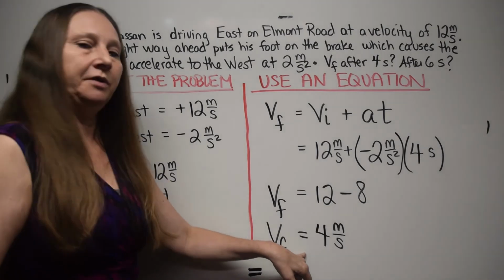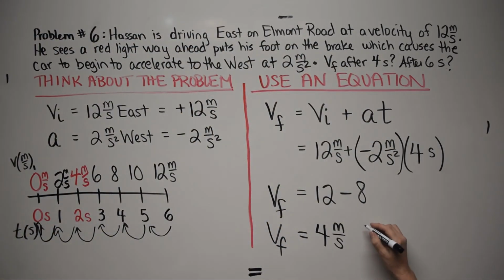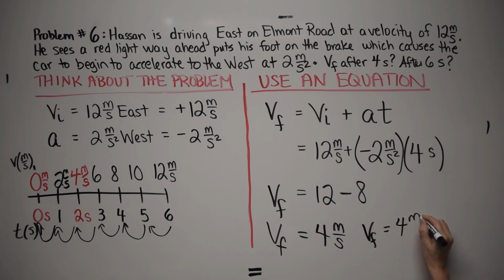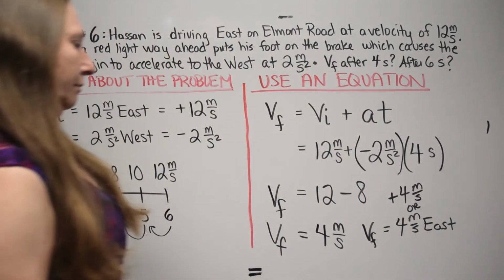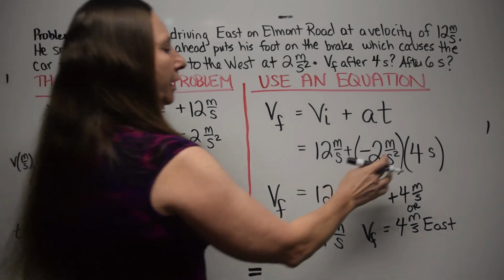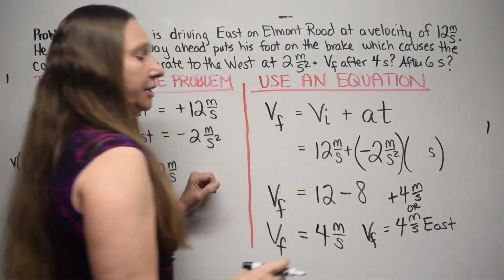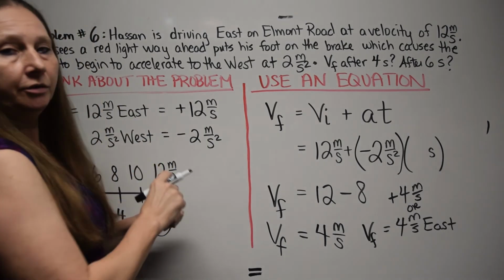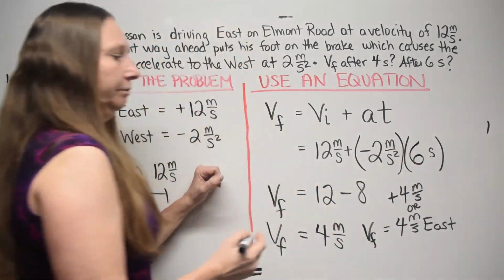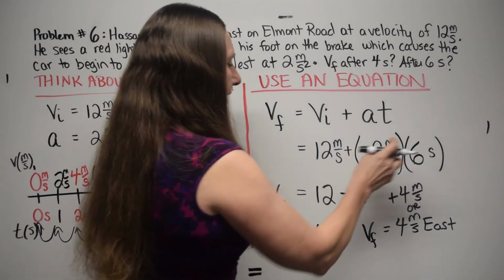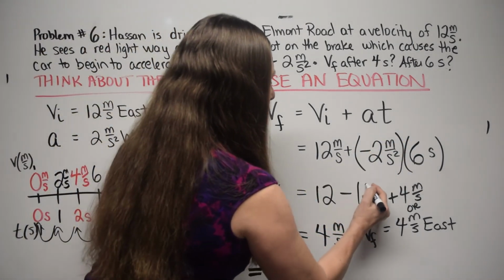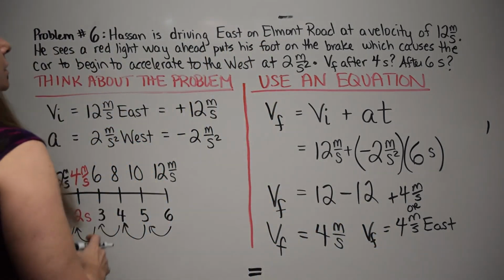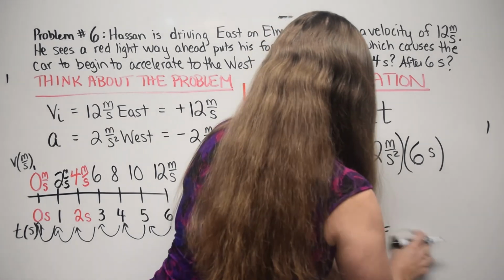Technically that's your final speed. If you were going to write the final velocity, V final would be 4 meters per second still to the east, or positive 4 meters per second. Now, if you accelerate in the opposite direction of your velocity for 6 seconds, what happens? 12 minus 12, and your car comes to rest.